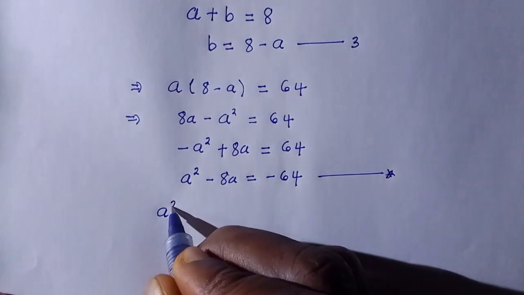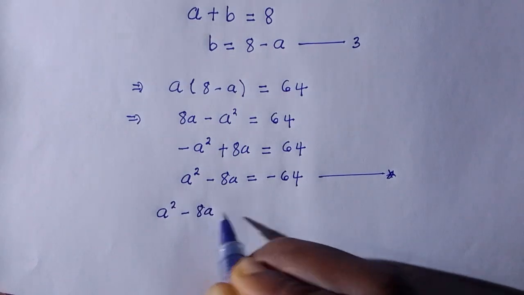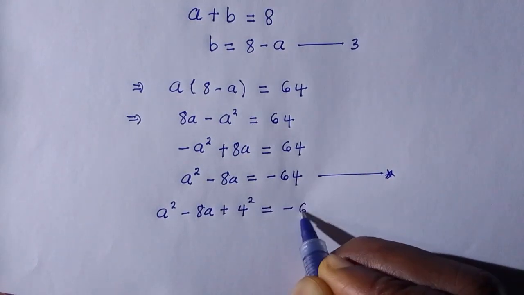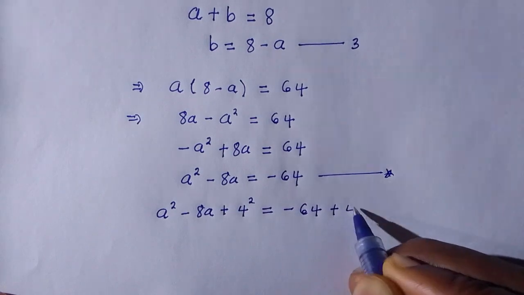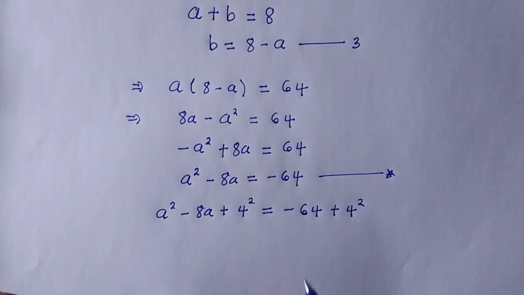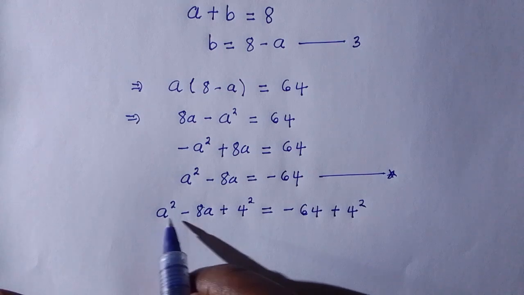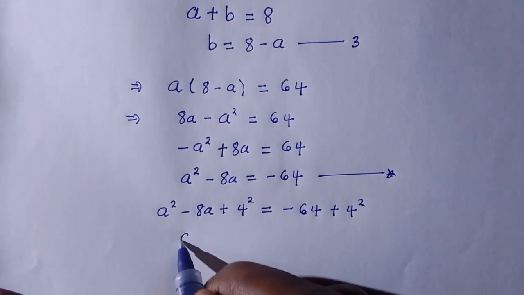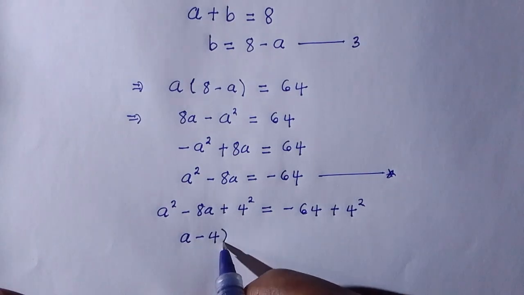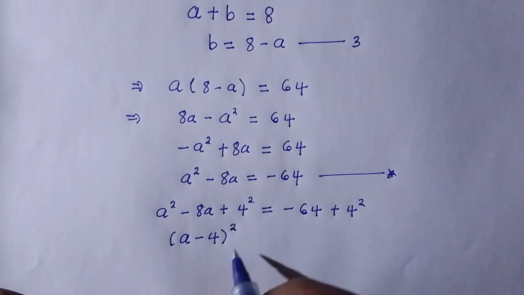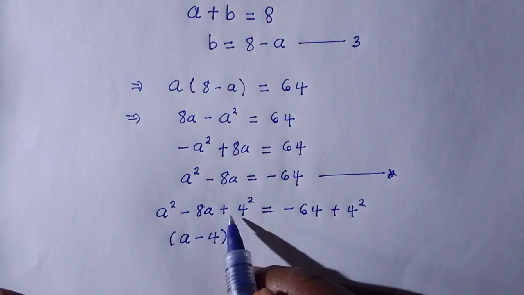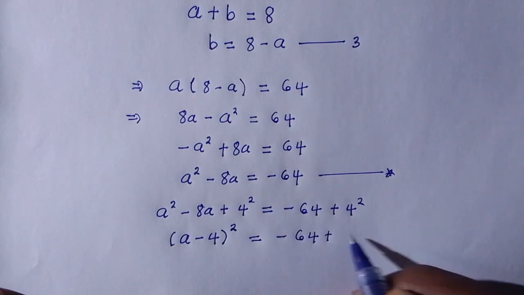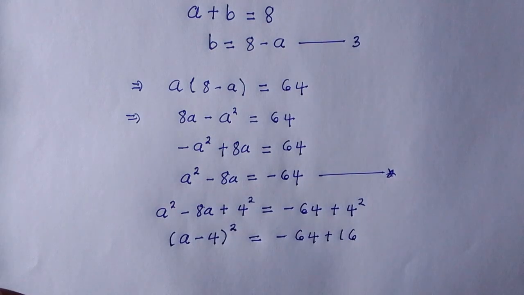So we get a squared minus 8a plus 4 squared equals minus 64 plus 4 squared. Then we rewrite this by combining a and 4 together with the negative as a minus 4, all raised to the power of 2.